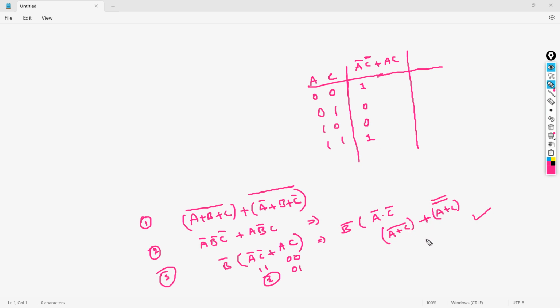So what you're saying is, treat it like x equal to A plus C whole bar. Is that right? Yes. And X bar equal to A plus C double bar.